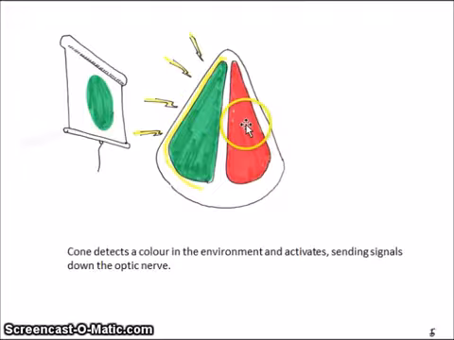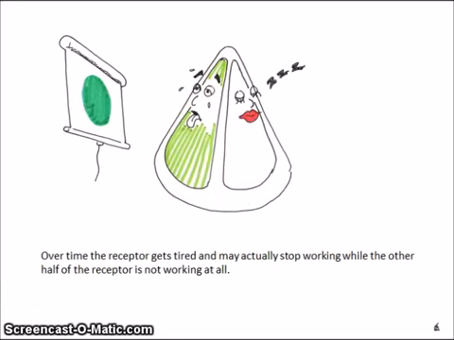This side is, this side is not. Right? But as you look at something green, in this case, for a longer and longer period of time, that side of the receptor actually gets fatigued. It will get tired, just like a jogger gets tired. So this side is working, and this side is not working at all.